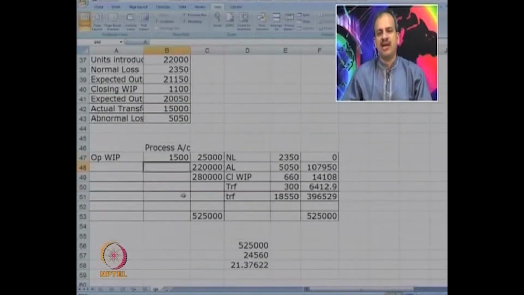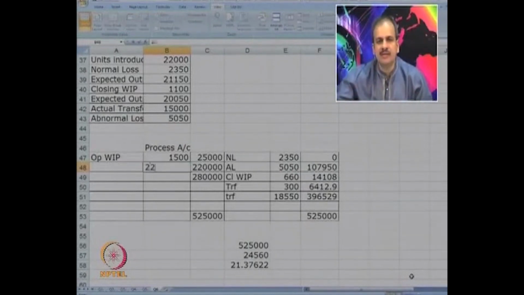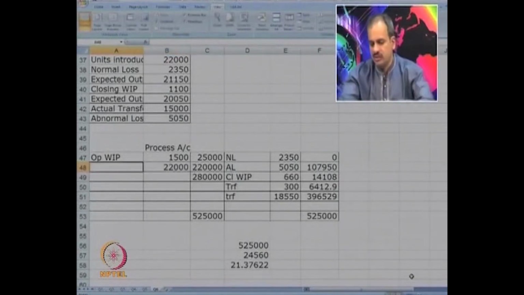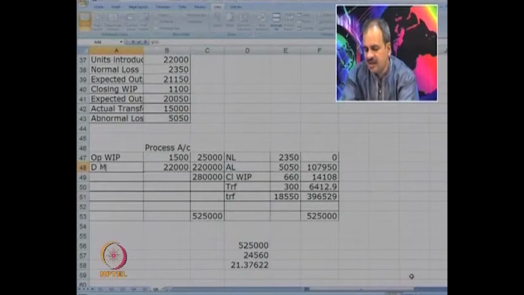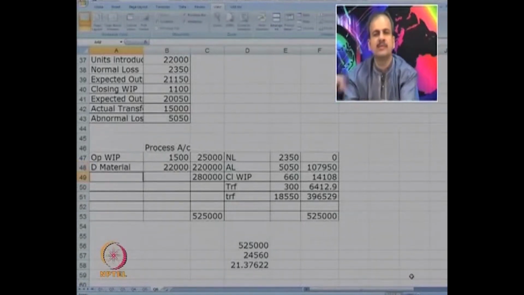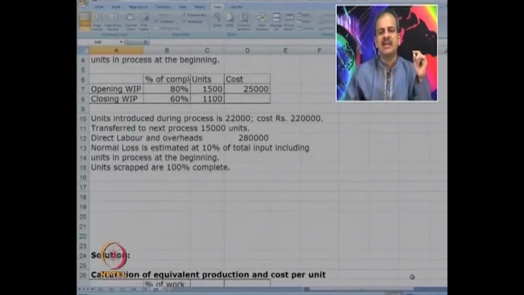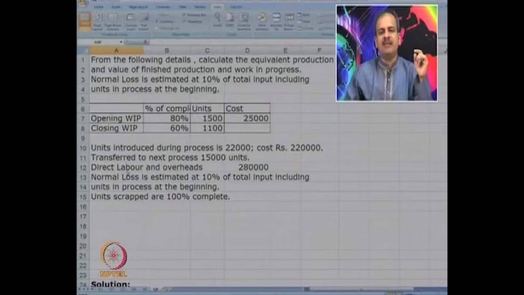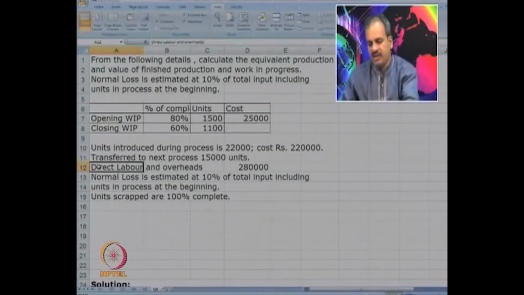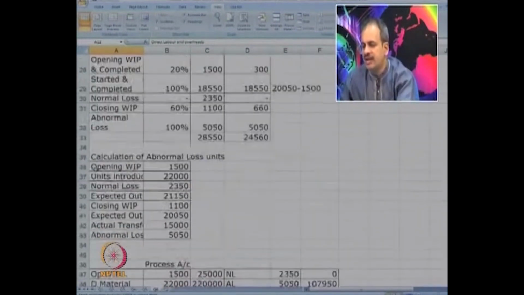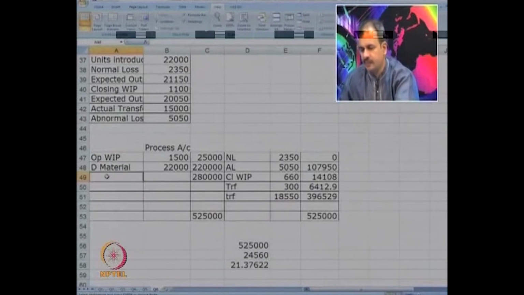So here I will add the number of units. So 22,000 units, the cost is 2200. This is our direct material cost. Am I correct? Next is, it is given that direct labor and overhead cost are 28,000. So that is already accounted here.